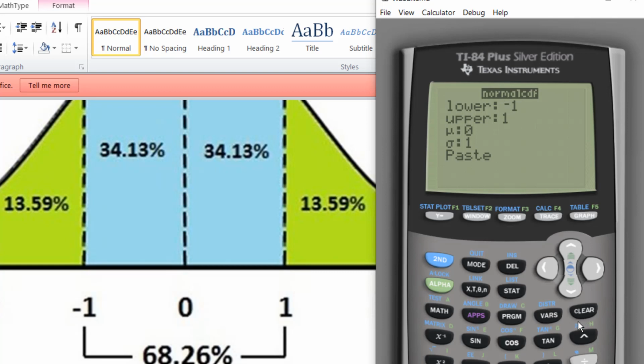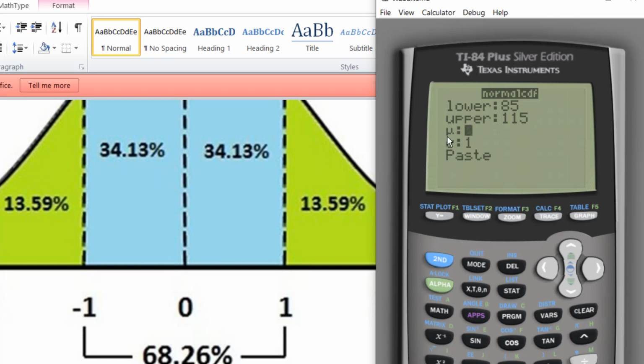Now I don't have it as a z-value, and sometimes they'll give it to you that way. So in this case, for the lower bound, I would write 85. For the upper bound, it's 115. Here I'm using the actual values, not the z-values, so the mean in this case would be 100.